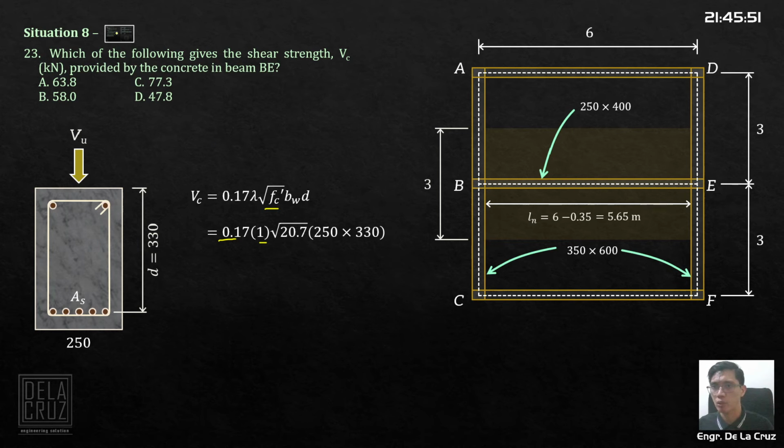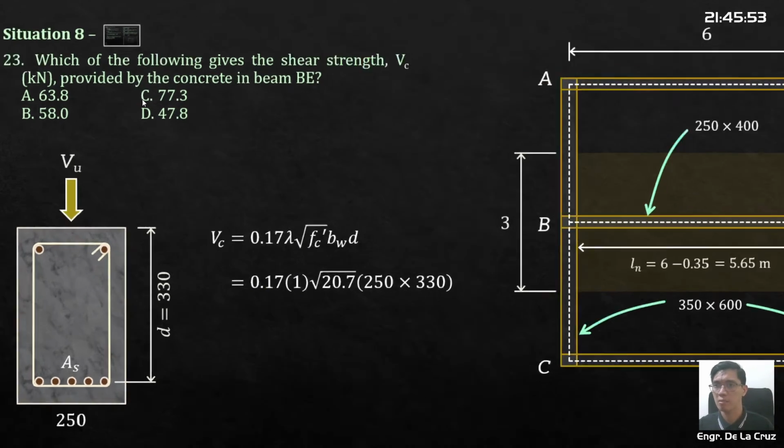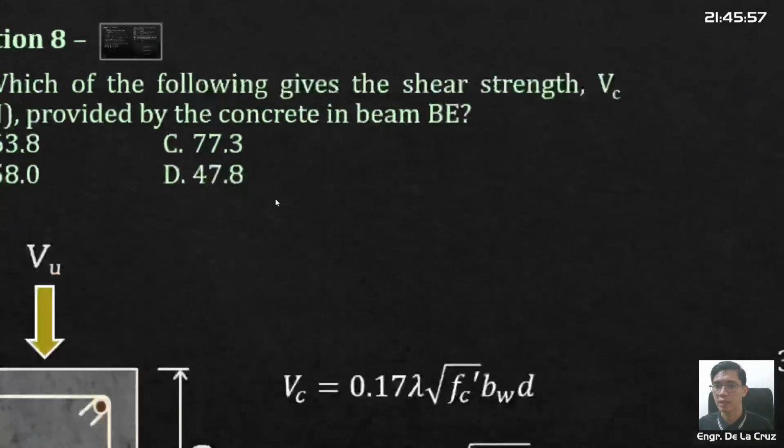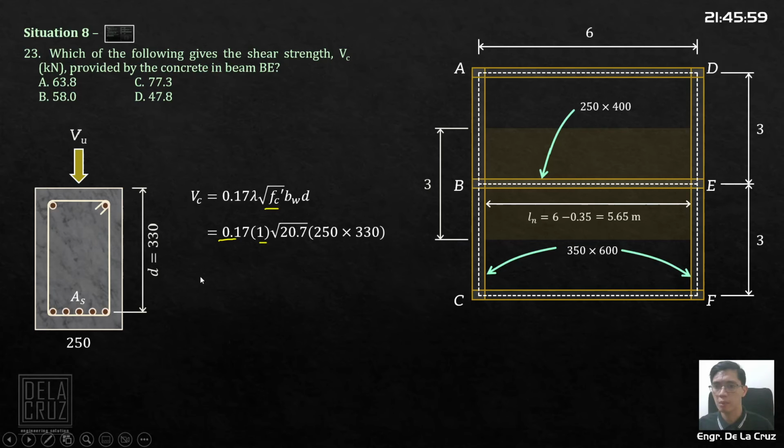FC prime, so given FC prime dito. FC prime is 20.7. Okay? So, BW is the 250. Yung depth is 330. Then, you will get value of in newtons, in kilonewtons, 63.81. Answer here is letter A.